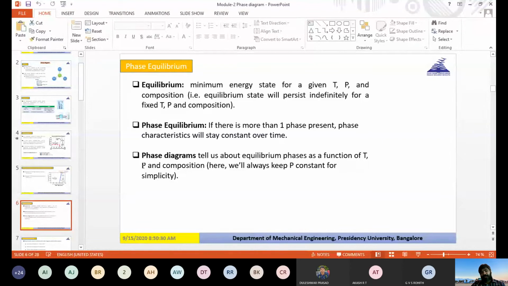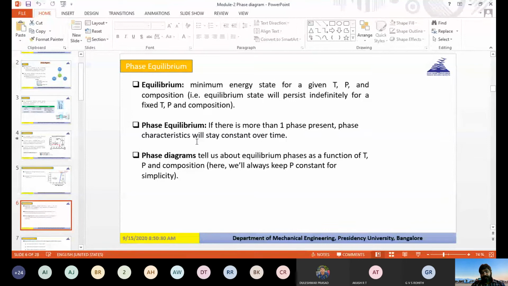Pressure variation we are not going to see, because we are always going to keep pressure constant, that is 1 atmospheric pressure. So we are not going to study the effect of pressure here. Simply we will see how temperature and composition change the number of phases present in a system. That is told by a diagram, which is nothing but a phase diagram.